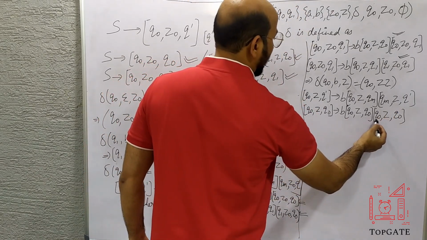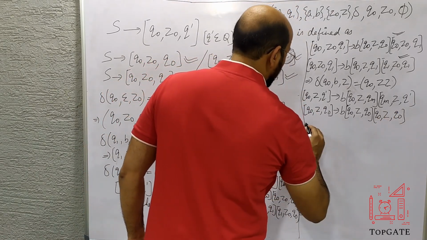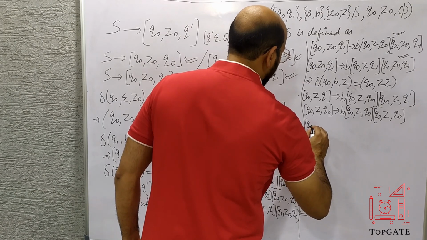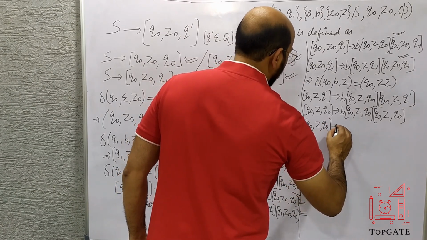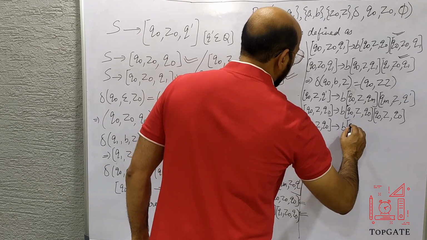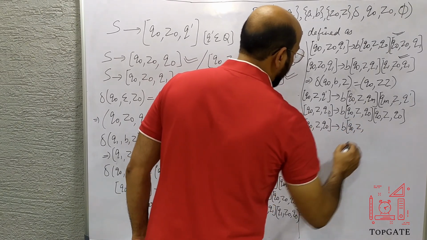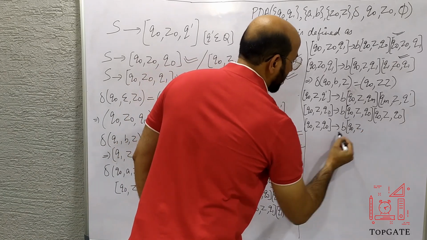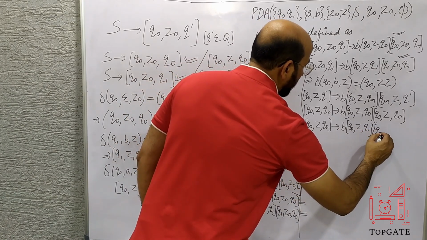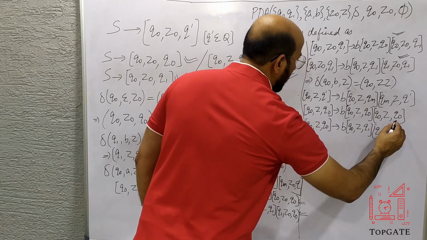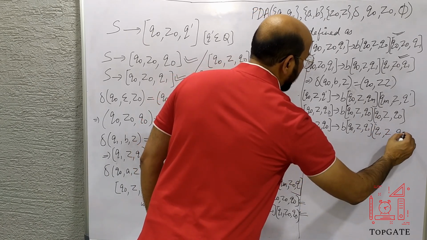Now next time I'll take it as Q1. So I'll write (Q0, Z, Q') (Q0) gives B (Q0, Z, Q1), and this will also be (Q1, Z, Q0), that is the same one here.